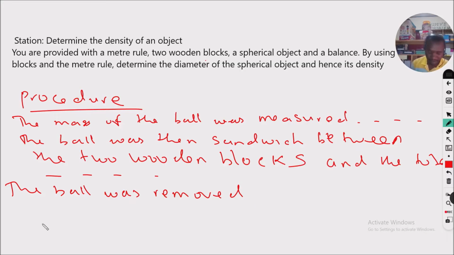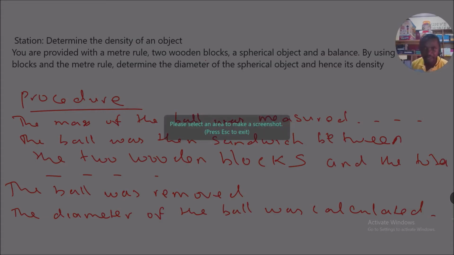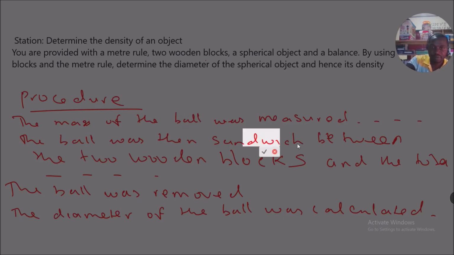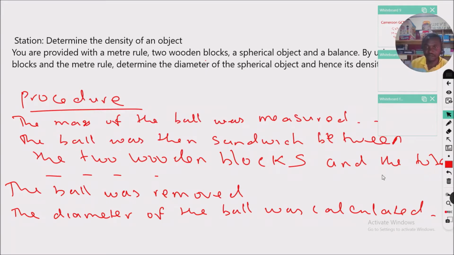Now the diameter of the ball was calculated by subtracting the sum of the lengths of the two wooden blocks from the total length that was measured in the second statement.